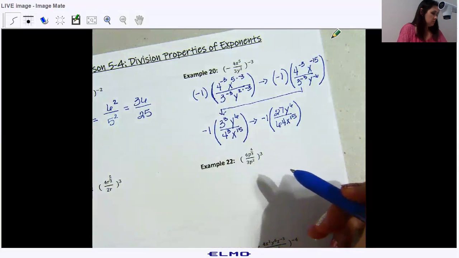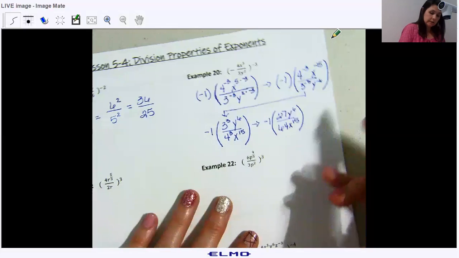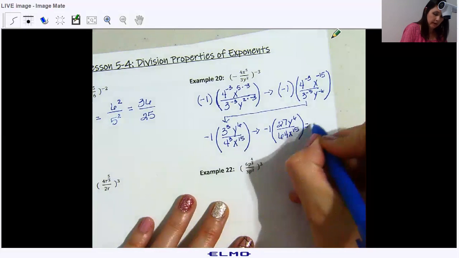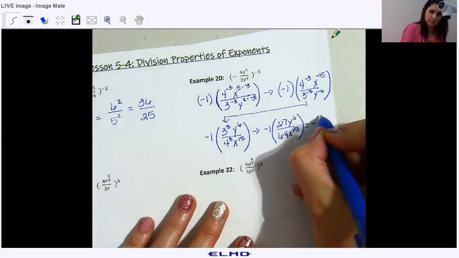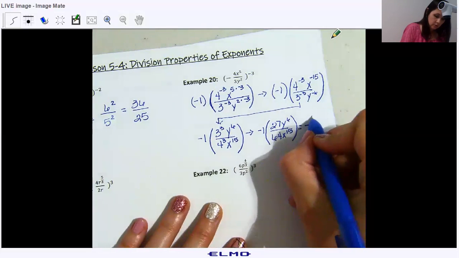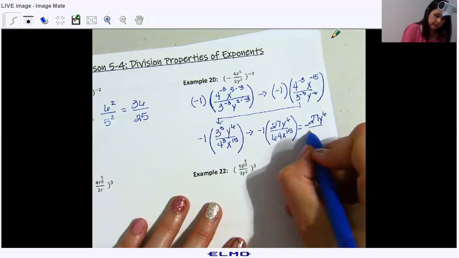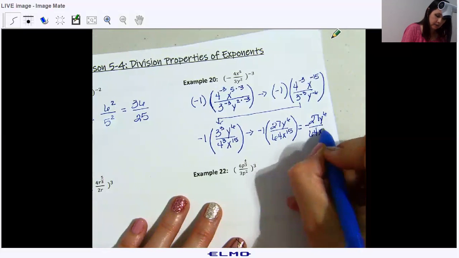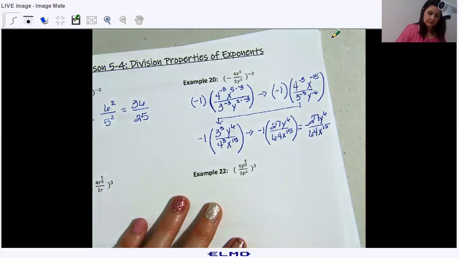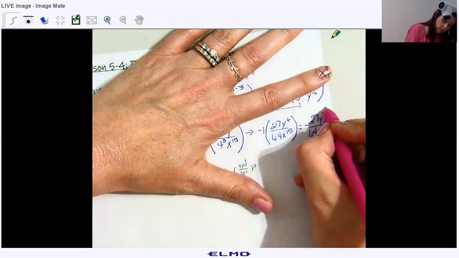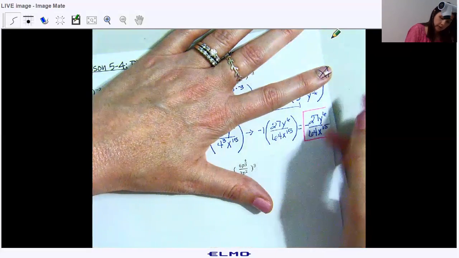Okay, so let me make sure. Yeah. So I will have my final answer as a negative. I'm going to have to write really small now. 27y to the power of 6 over 64x to the power of 15. And this right here would be my final answer.